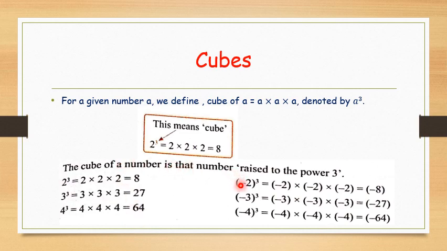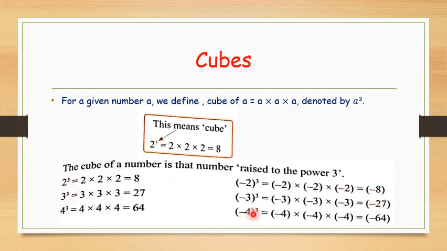Similarly, if we have negative numbers like minus 2 power 3, it means minus 2 multiplied 3 times. So minus 2 into minus 2 into minus 2 is equal to minus 8. Similarly, minus 3 power 3 means minus 3 multiplied 3 times by itself, which results in minus 27.